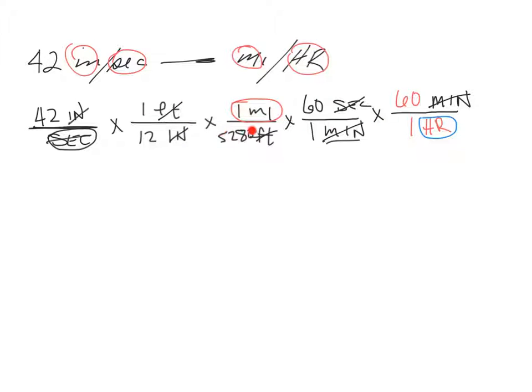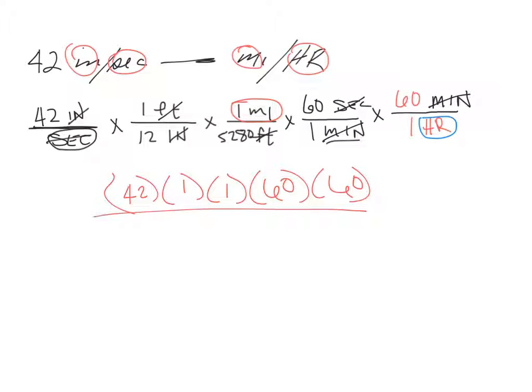Okay, so now I've got my hours, got my miles, and I write out my numerator times 1 times 1 mile times 60 seconds times 60 minutes over 12 times 5,280 times 1 times 1.